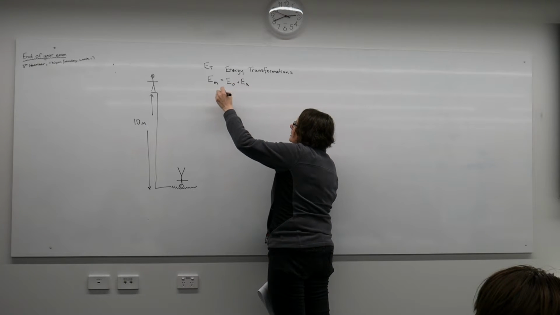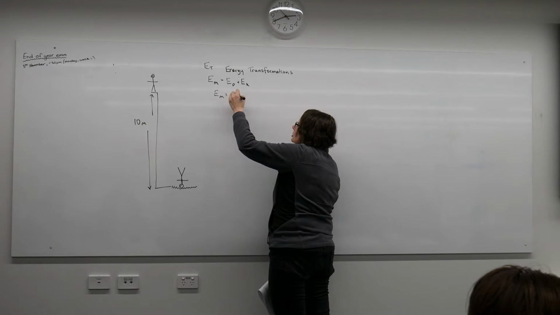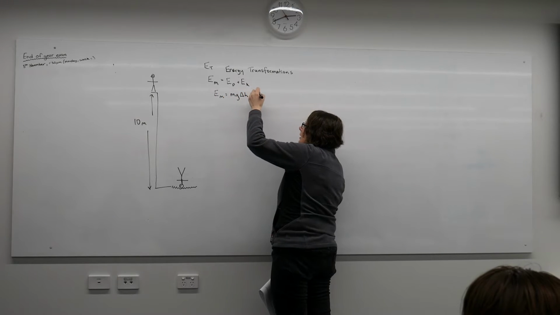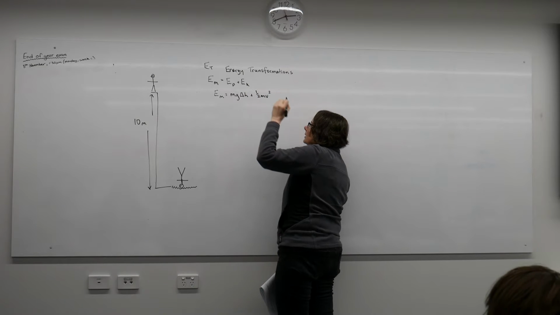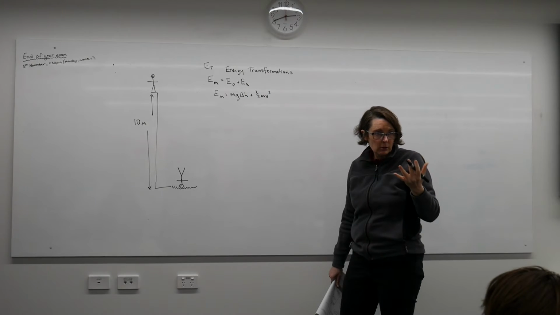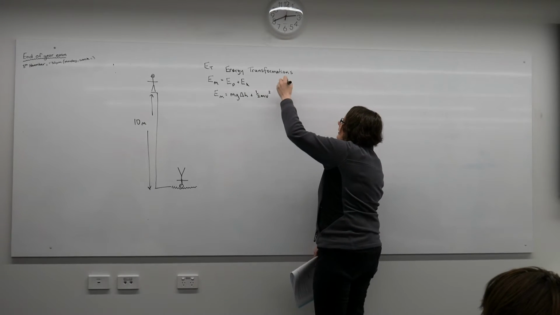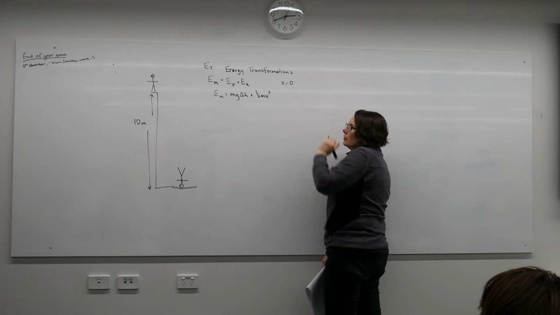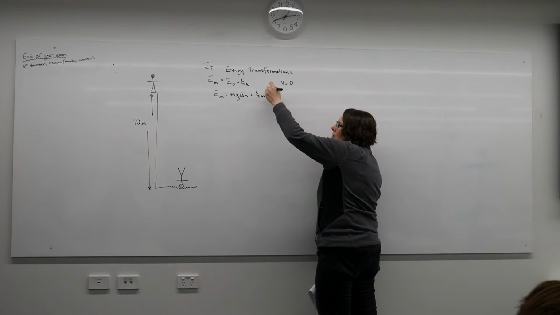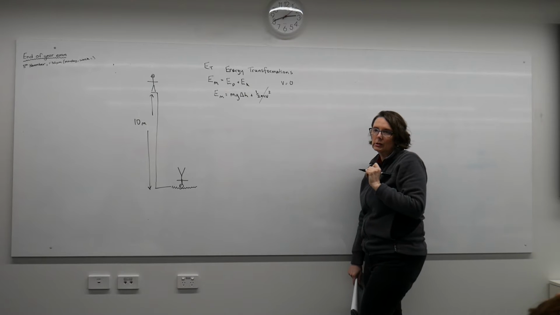So if I said then that mg delta h plus a half mv squared is going to be her total energy, but I know that she's got no velocity, so that's going to really knock that part out, isn't it?